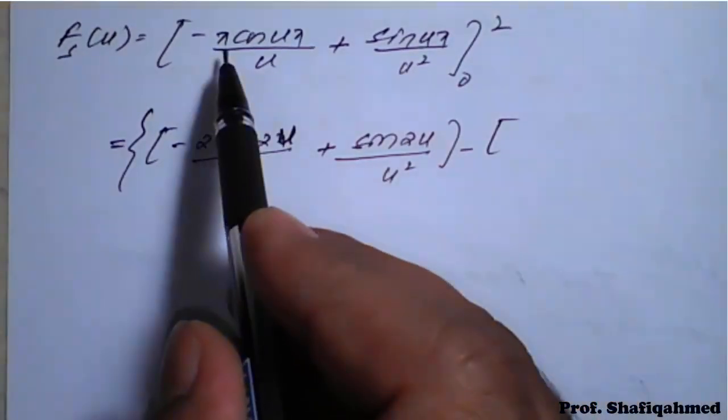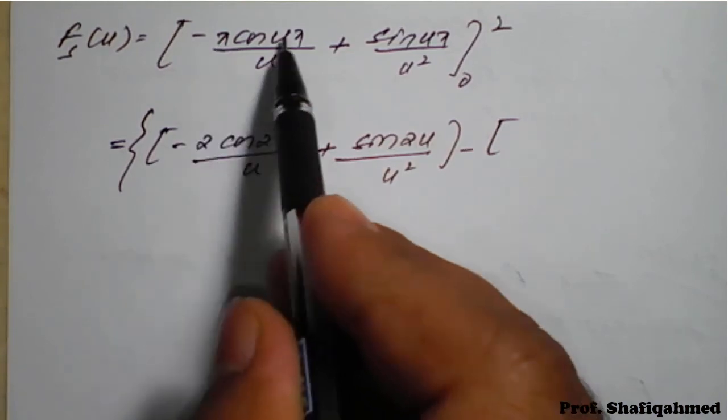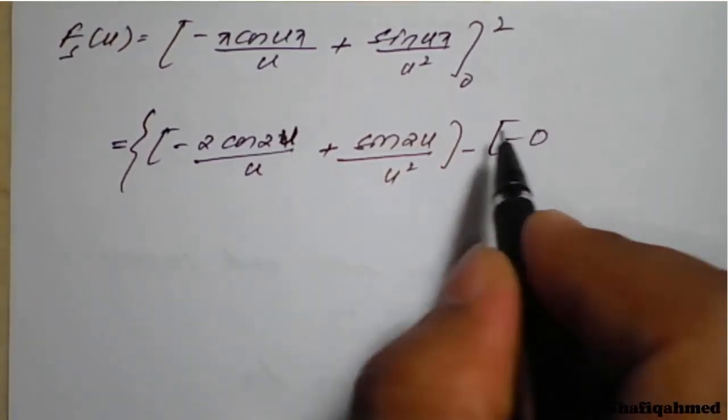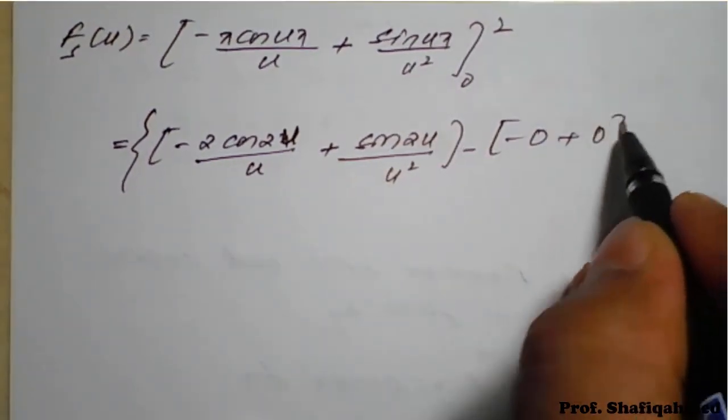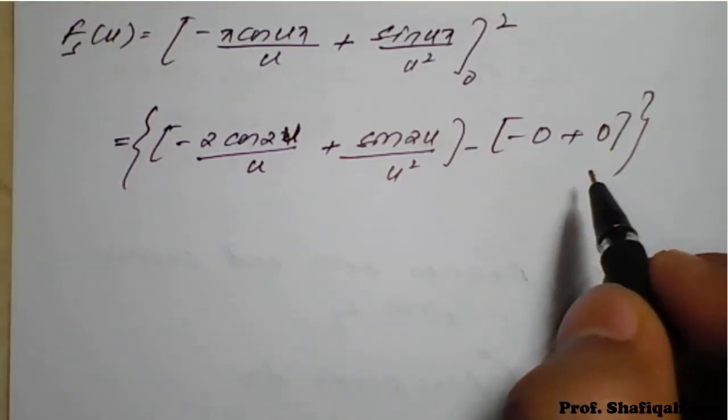Replacing x by 0, the 0 into the entire term is 0, plus sine of 0 is again 0. So the lower limit completely becomes 0.